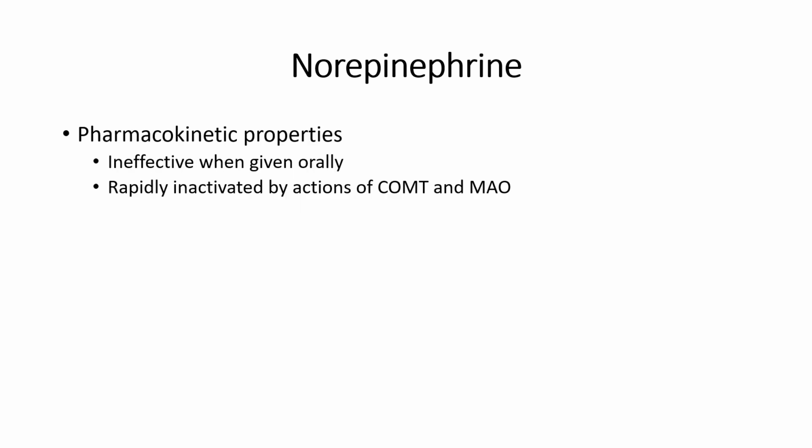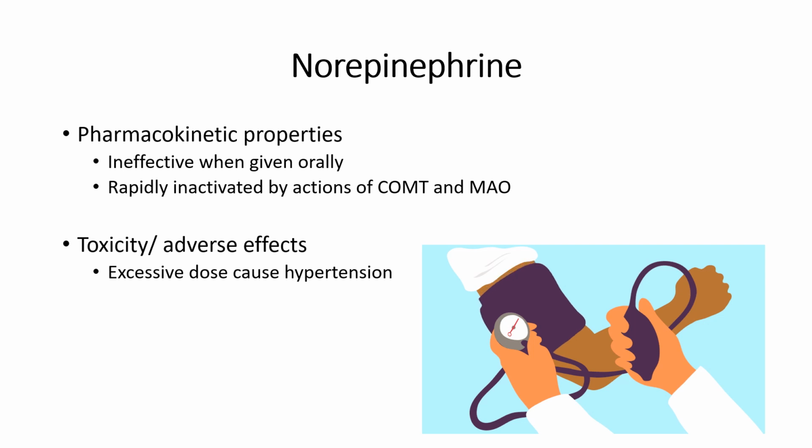Norepinephrine, just like epinephrine, is ineffective if given orally, and this is because it is a catecholamine and thereby would be rapidly inactivated by the actions of catechol-O-methyltransferase and monoamine oxidase enzymes. Excessive doses of norepinephrine can cause severe hypertension.